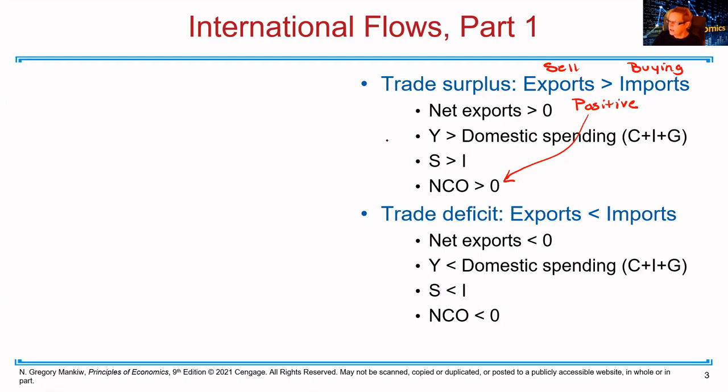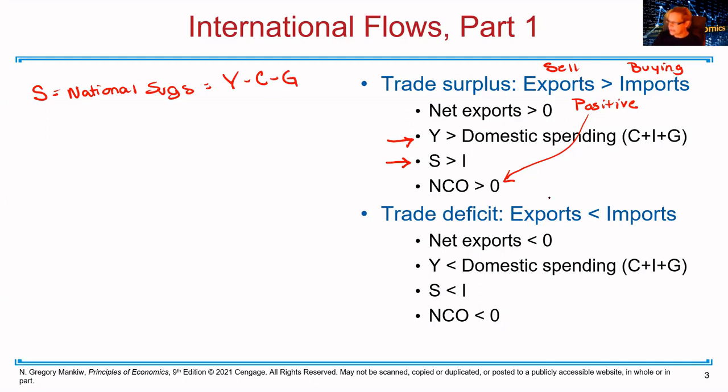It would mean that GDP is greater than domestic spending. It would also mean that national savings is greater than investment. Okay, so remember the S is national savings, which is equal to GDP minus consumption minus government expenditures.